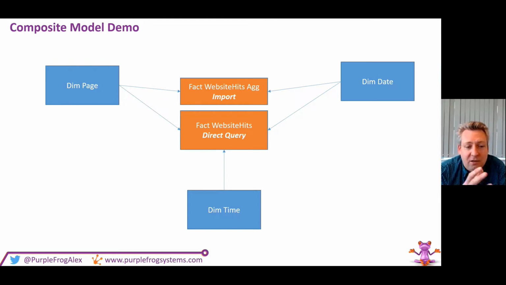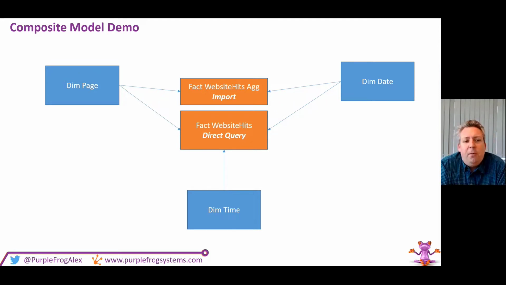It is literally select everything from the fact table, group it by page key and date key, do a count of rows and all the rest of it. That's going to be under 1%, maybe 0.1% of the size of the original table. But it still gives us full reporting capability over pages and dates. We just don't have time there.